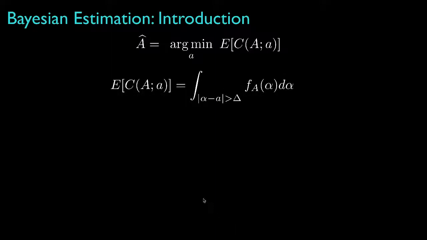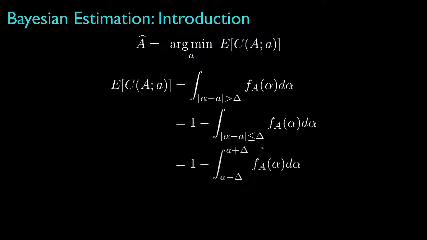Now let's look at the expected cost for the absolute error. In this case, the cost is equal to 0 if the error is less than delta, and it is equal to 1 if the error is greater than delta. The expected cost then is the integral of the prior density over the region where the error is greater than delta. And this is the same as 1 minus the area of the density when the error is less than or equal to delta, which is 1 minus the integral from the estimate value minus delta to the estimate value plus delta.